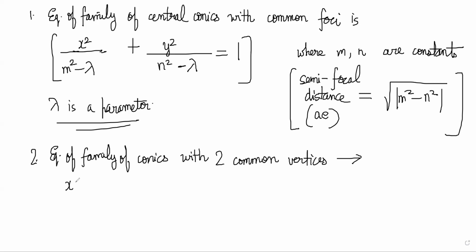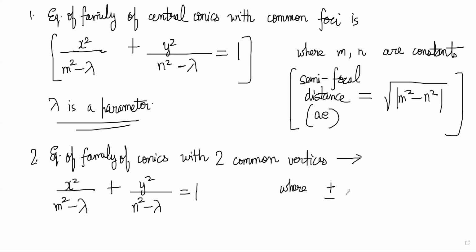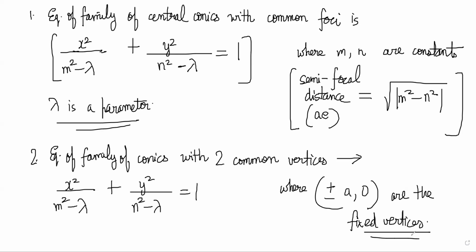And this is x square by m square minus lambda plus y square by n square minus lambda equal to 1, where plus or minus a comma 0 are the fixed vertices. So the equation of the conics with common foci and common vertices is actually tending to be the same, right?